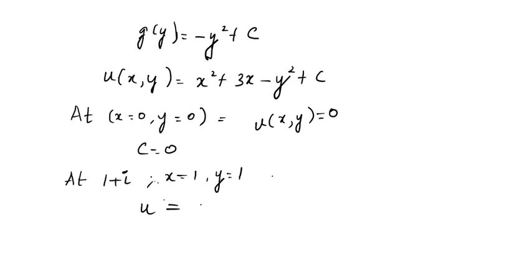Substituting 1 in x square and 1 in y square, and the c term becomes 0, we get 1 plus 3 minus 1, which is equal to 3. 3 is the answer.